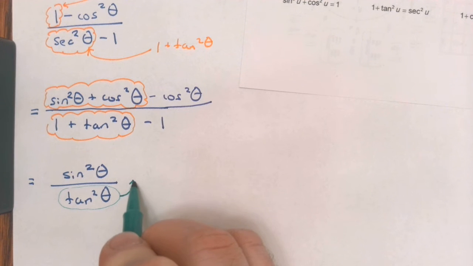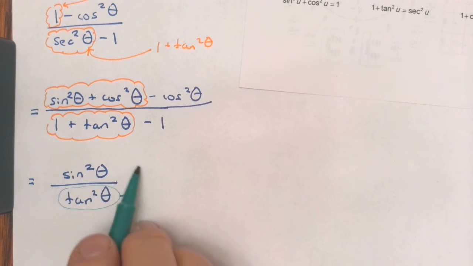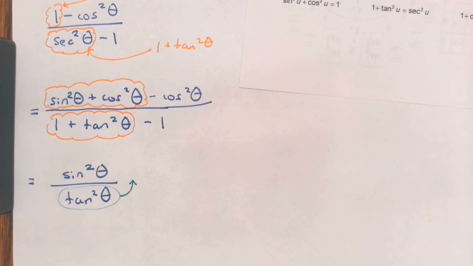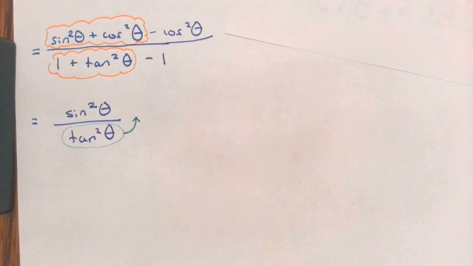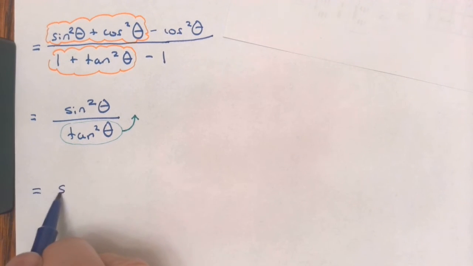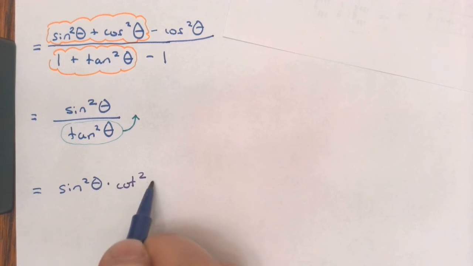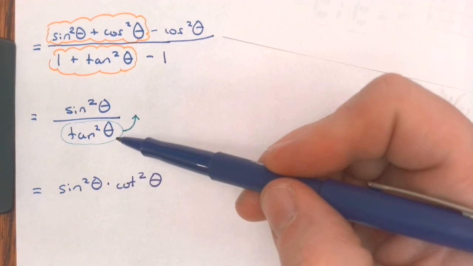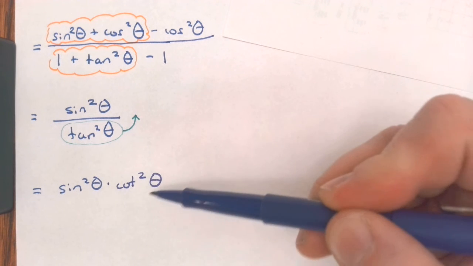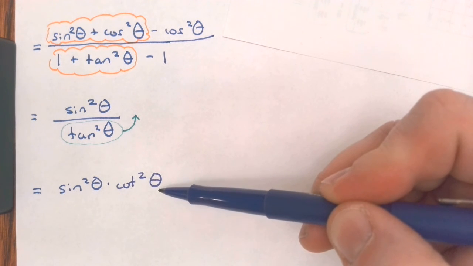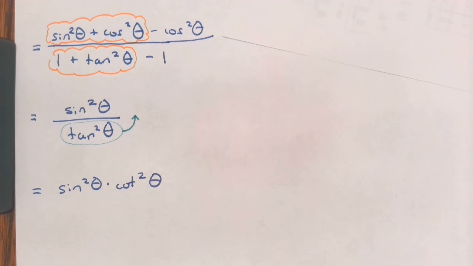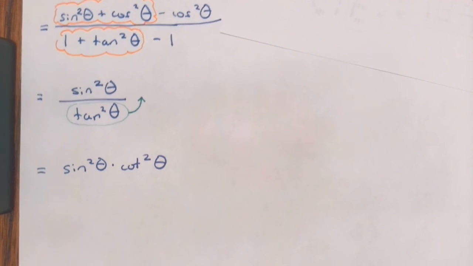So if I move that up to the top and make it sine squared times something, it would have to be the reciprocal of tangent squared. The reciprocal of tangent is the cotangent. So dividing by tangent squared would be the same thing as multiplying by its reciprocal, which is cotangent squared. And now from there, I'm going to rewrite everything with just sines and cosines.